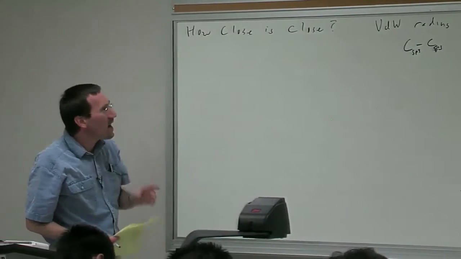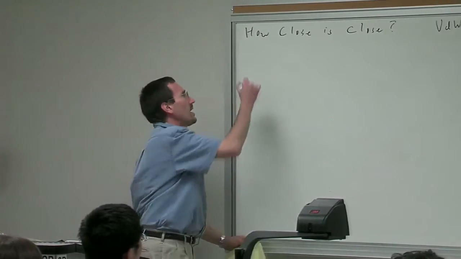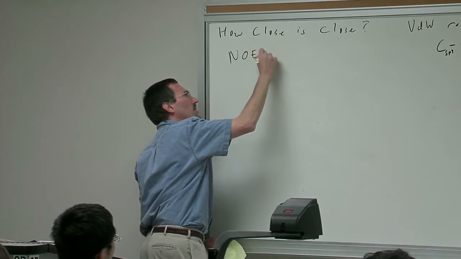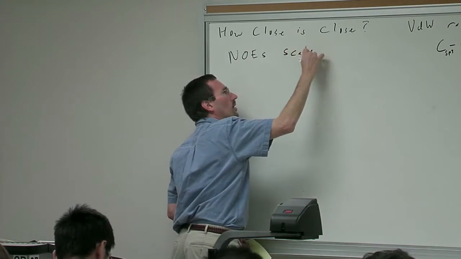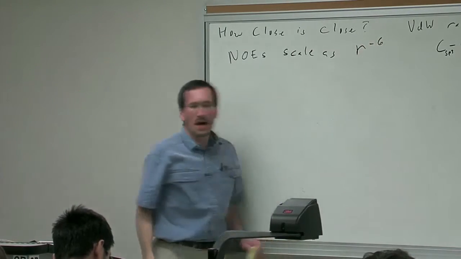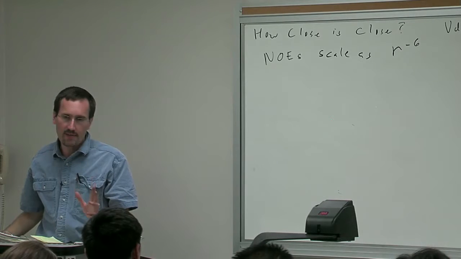All right. Now the other thing that's important is how NOEs vary. NOEs scale as distance to the inverse 6. I always calibrate myself in my mind by setting up a little table.